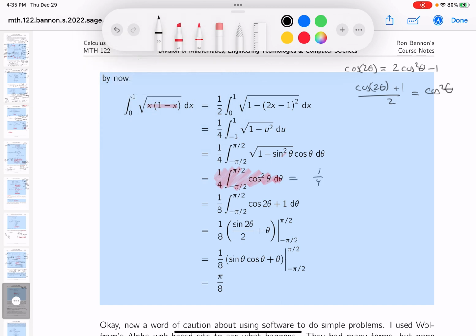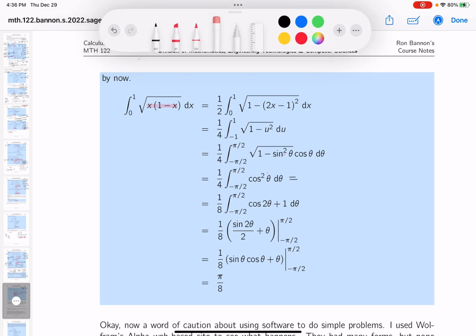Let me write that down for you. So it's 1/4, minus pi over 2 to pi over 2, and we'd have cosine 2 theta plus 1. There'd be 2 on the bottom. I just bring it on the outside, all right? And I get this line over here, right? Not a bad line to be at. This integration looks relatively simple to do. And we're just moving through it.